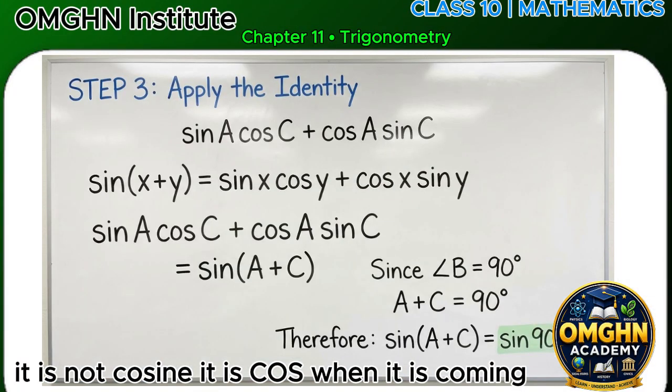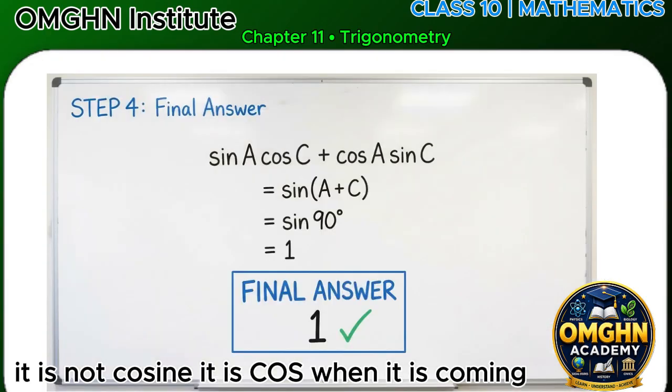Now the first expression is sine A cos C plus cosine A sine C. Substitute the values. We get 3 by root 10 multiplied by 3 by root 10 plus 1 by root 10 multiplied by 1 by root 10. Therefore, 9 by 10 plus 1 by 10. That is 10 by 10, and 10 by 10 is 1. Therefore, the answer to part 1 is 1.